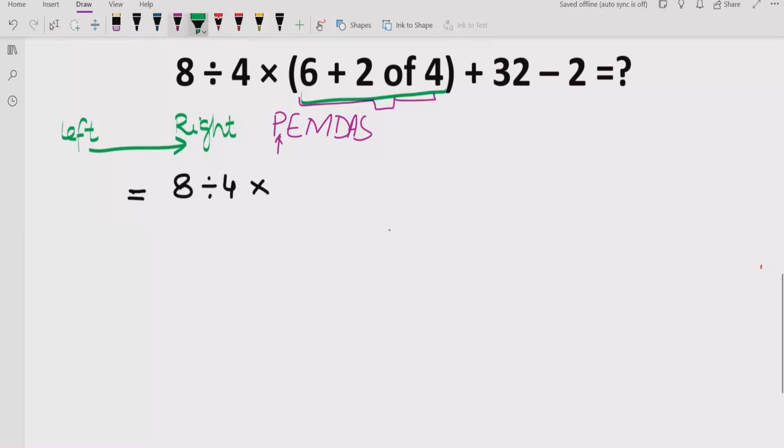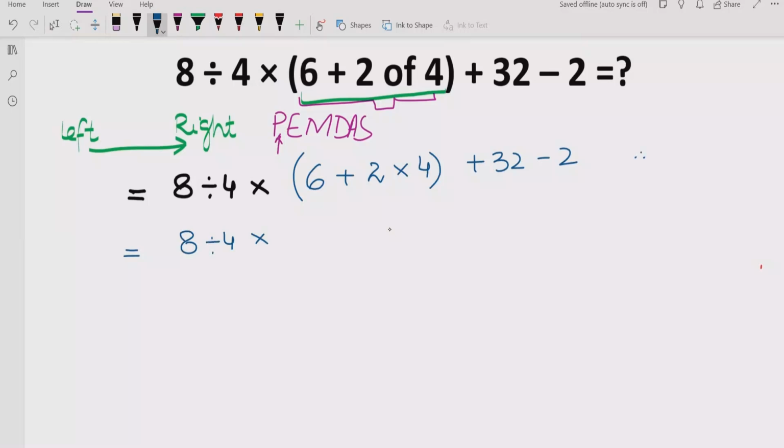Here we have 6 plus 2 of, which means multiplication, multiplied by 4, plus 32 minus 2. Now we will solve 8 divided by 4, and here we give the reference of multiplication.